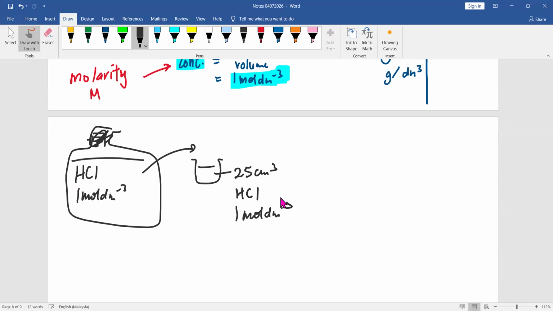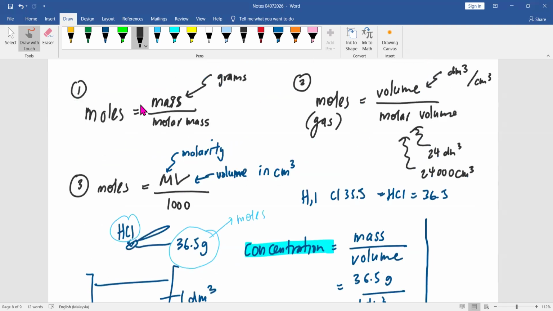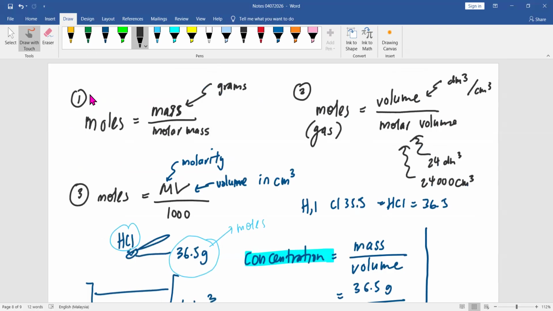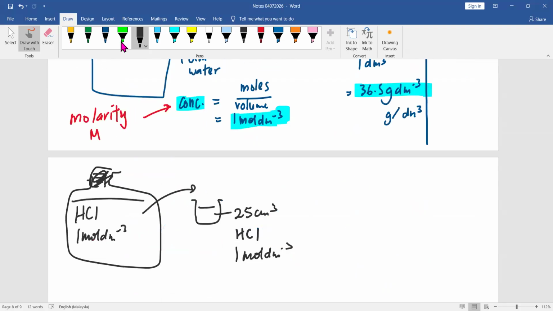So in this hydrochloric acid, how many moles of hydrochloric acid are there? So we look at formula 1, formula 2, formula 3, because it is an aqueous solution. Do you know what's aqueous solution? Acid, alkali, salt solutions. Every time you see this unit, mole per decimeter cube, you know you have to use this formula. Amount of moles is MV over 1000.